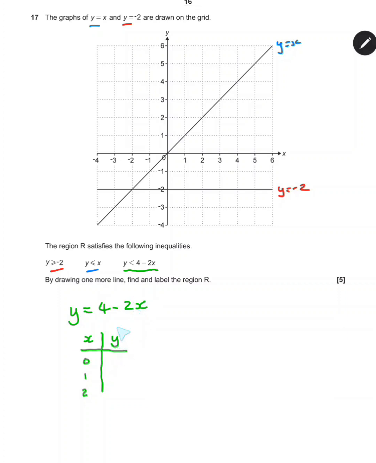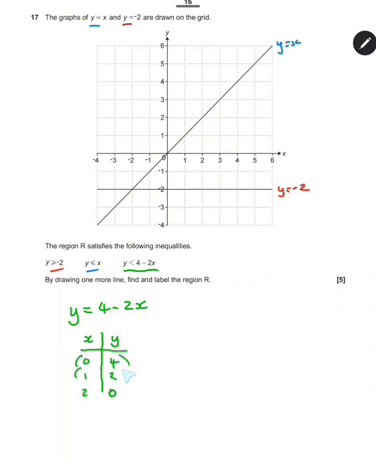So my first y value is going to be 4, take away 2 times 0. Well, 4 take 2 times 0 is 4. My second y value is going to be 4, take away 2 times 1. Well, that is 2. And then my final y value is going to be 4, take away 2 times 2, which is 0.